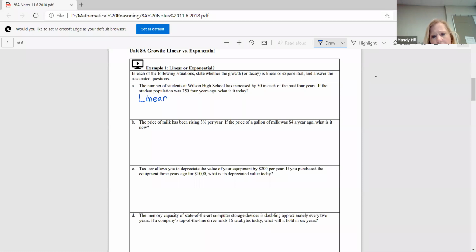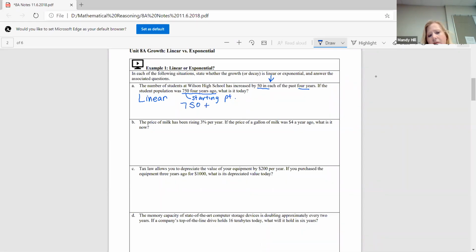If we wanted to figure out the answer, it says the number of students at Wilson High School increased by 50 in each of the past 4 years. That's important. If the student population was 750 4 years ago, this would be our starting point, what we had to begin with. What is it today? Well, we've got 2 ways of thinking about it.